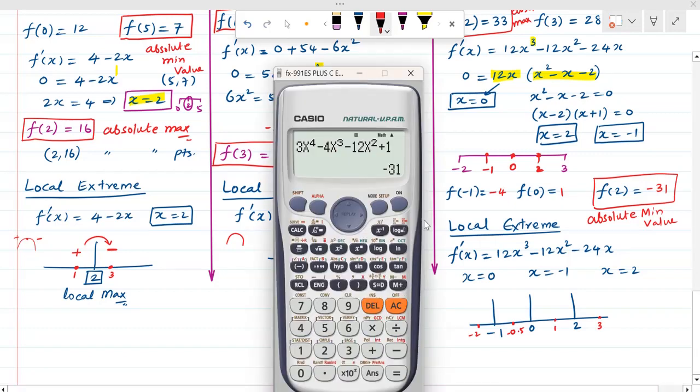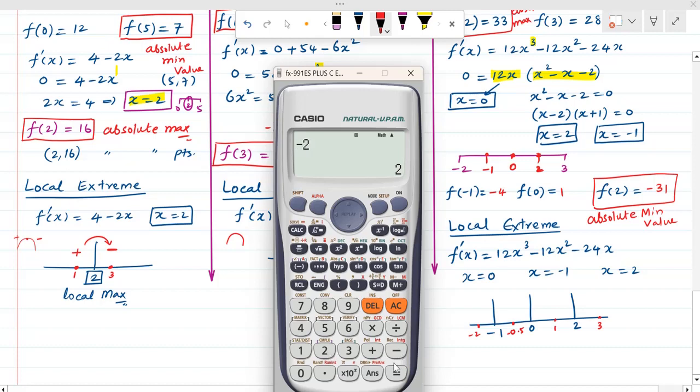First you have to fix the function F prime, not F. So it is 12x power 3 minus 12x square minus 24x. Let us check one more time: 12x cube minus 12x square minus 24x. Next, calculate using the neighboring point minus 2.